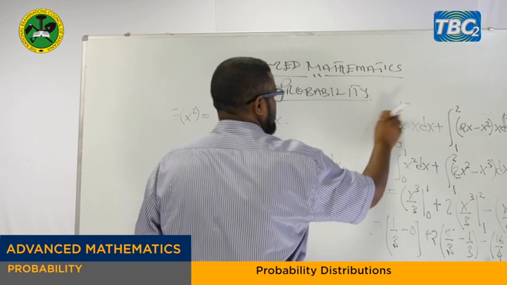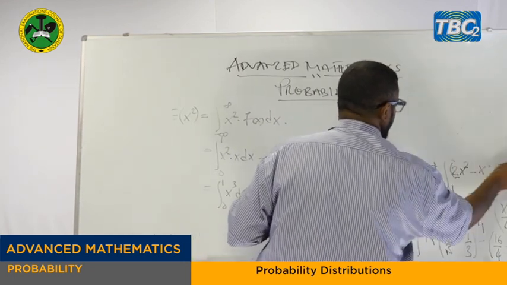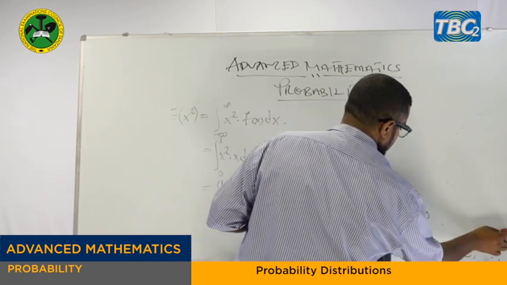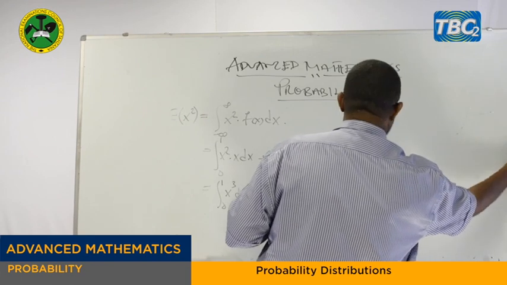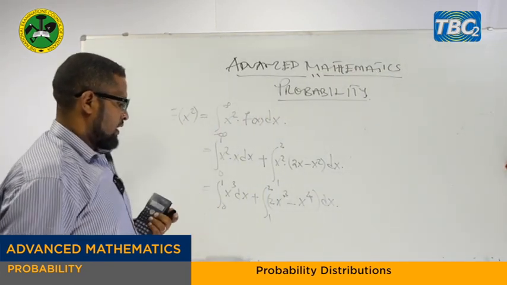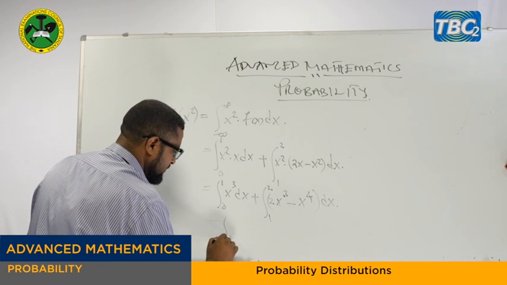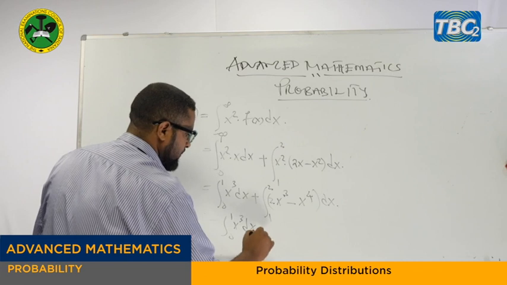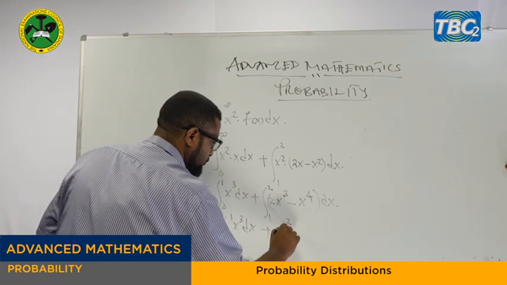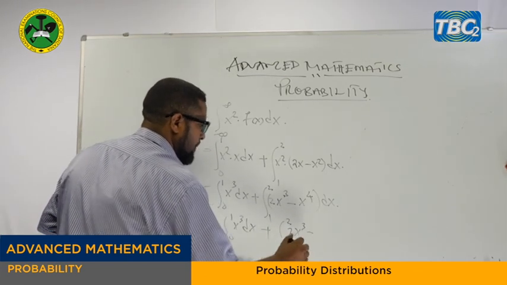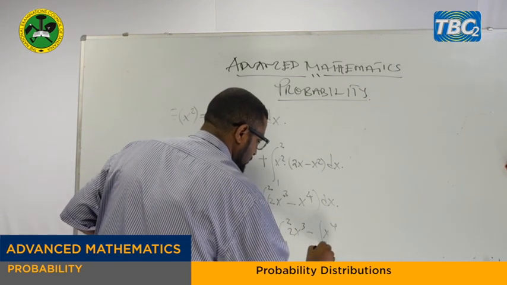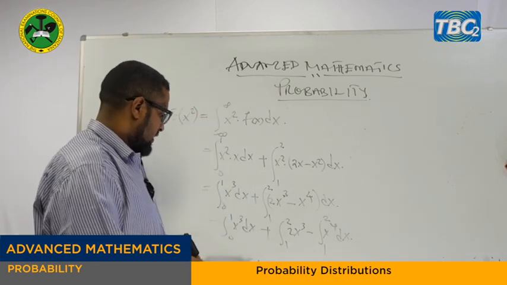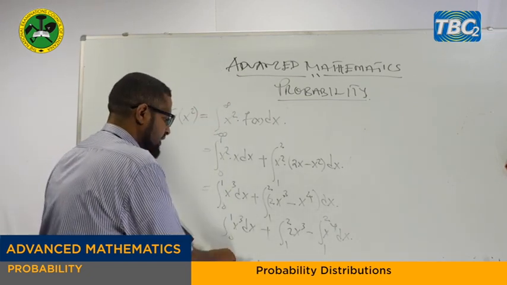Thereafter, keep on simplifying. Now, if we simplify more, it will be the integral from 0 to 1 of x power 3 dx, plus the integral from 1 to 2 of 2x power 3 minus the integral of x power 4 from 1 to 2 dx. Thereafter, let's integrate.